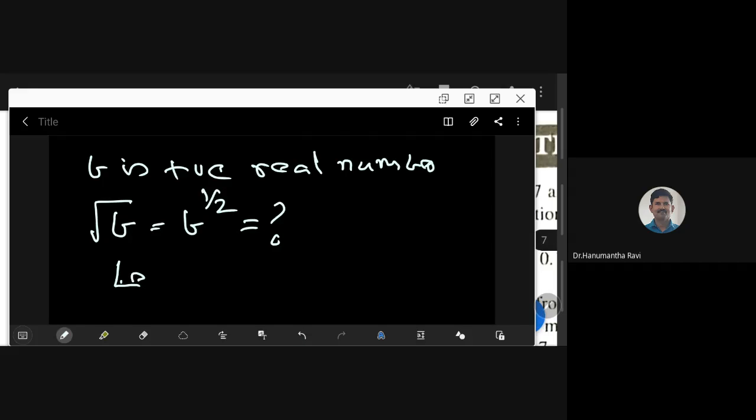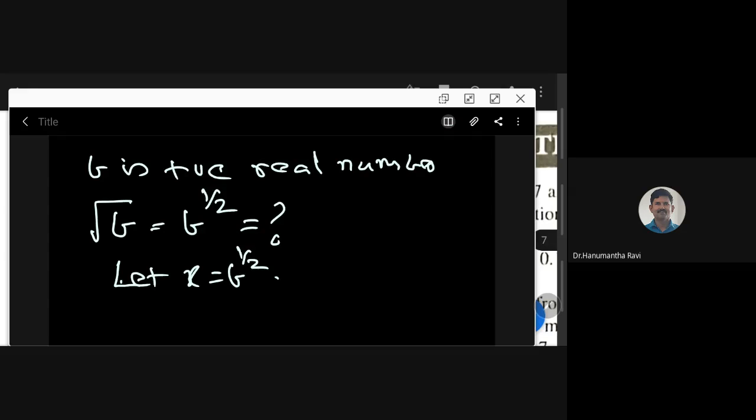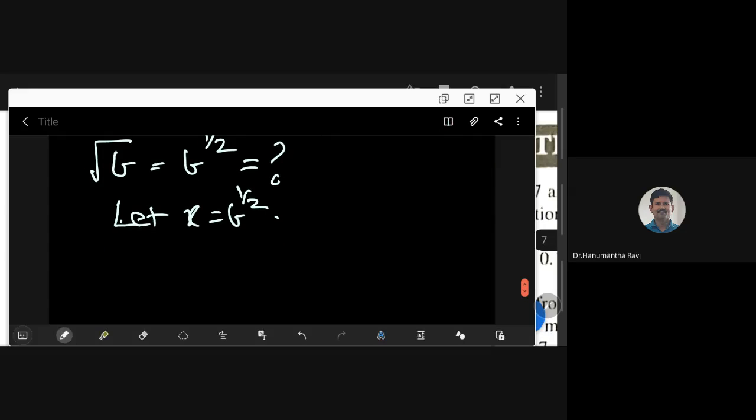So we let x is equal to b to the power half. Then x square is b, which implies x square minus b is equal to 0. We simply look for an approximate solution of x square minus b is equal to 0. Once you determine that approximation, it becomes an approximate root of b. That is the idea here.